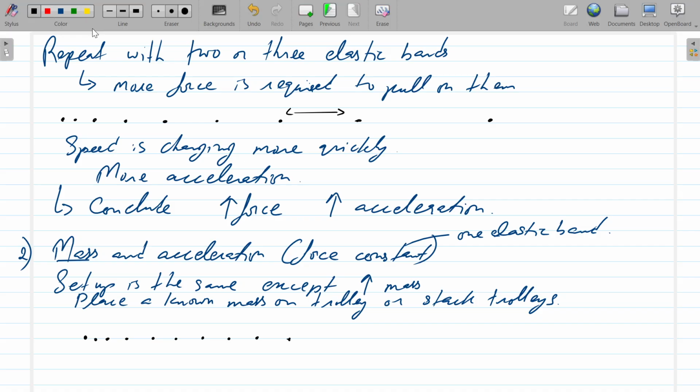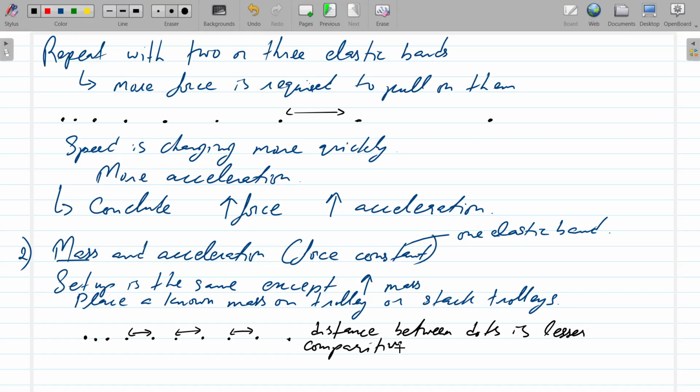So the trolley is going faster as you're applying force, but the gap or the distance between the dots is lesser comparatively to when there was only just the trolley.